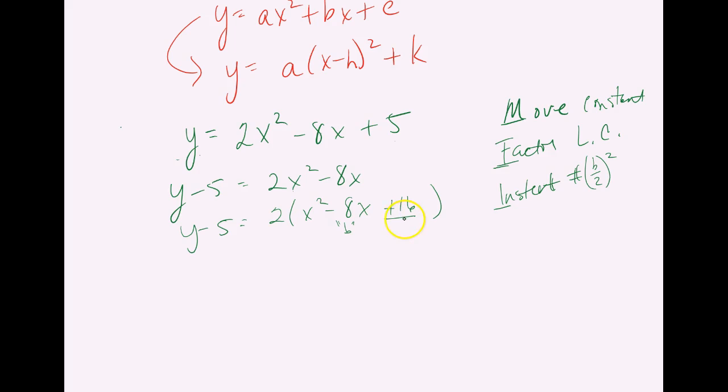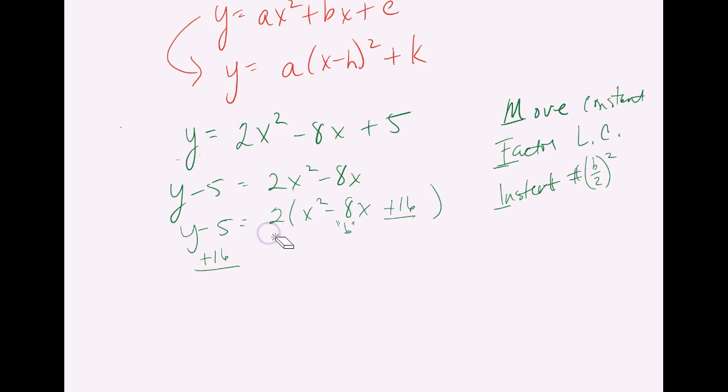And then whatever you do to one side of the equation, you have to do to the other. Now, here's the kicker. I realize I just added a 16, and you really probably think, okay, well, she put a plus 16 there, so she's going to put a plus 16 there, right? Okay, well, wrong, because this 16 is inside of these parentheses, and there's a 2 in the front that affects it.